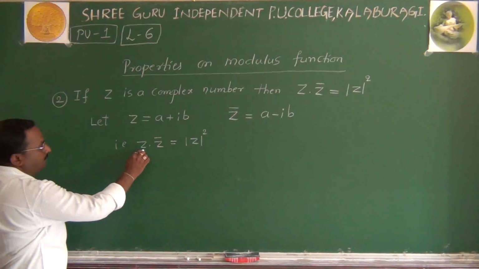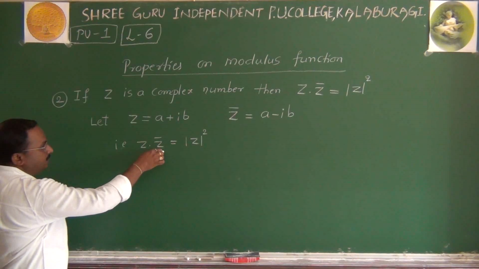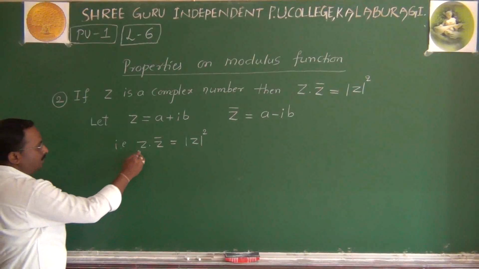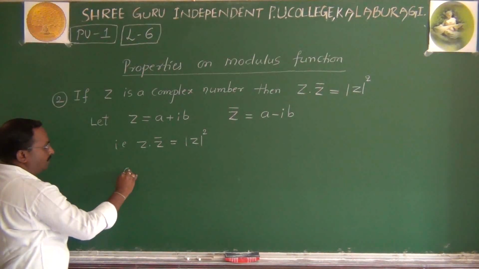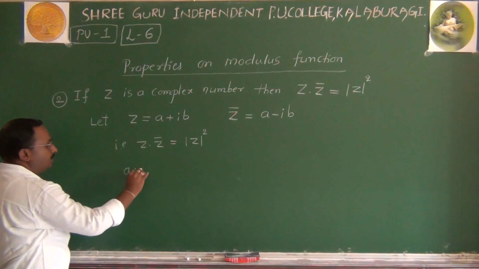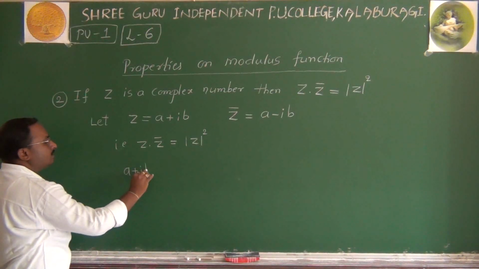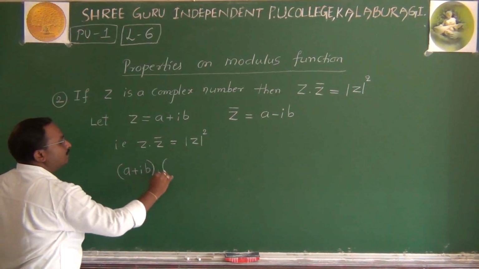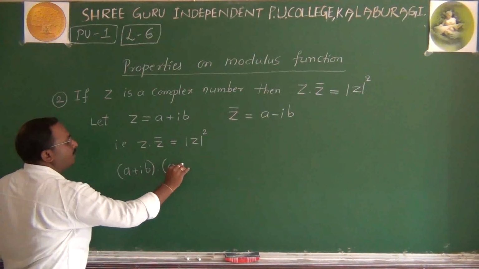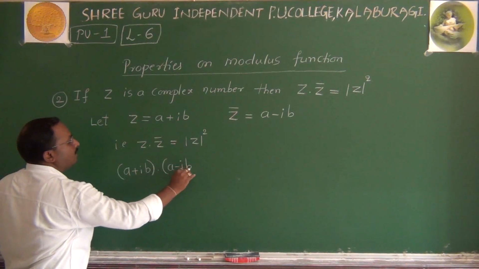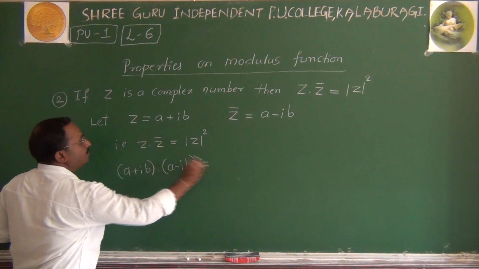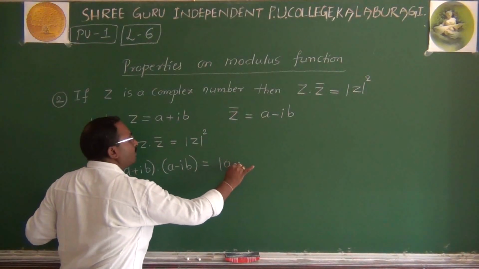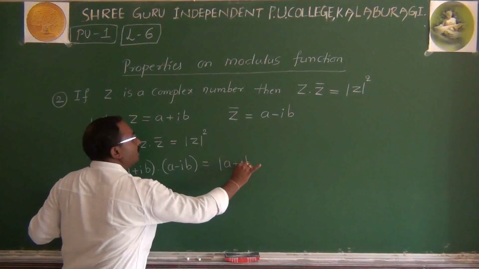LHS is the product of a complex number and its conjugate. Z is A plus iB into Z bar is A minus iB, which is equal to the modulus of A plus iB, whole square.